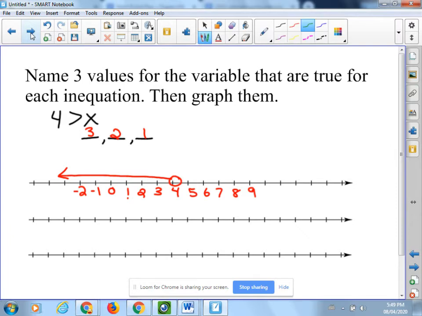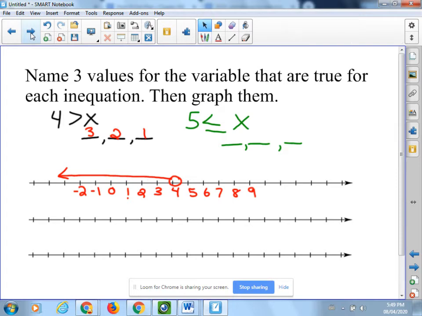If we do another question, if I say that 5 is less than or equal to x, your step 1 is going to be to find 3 values of x that would actually be correct.